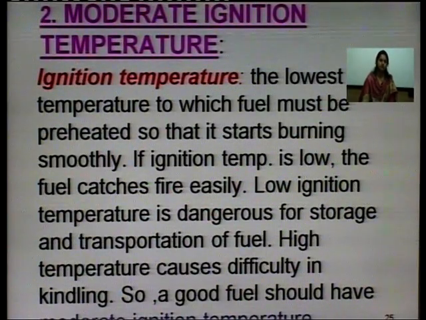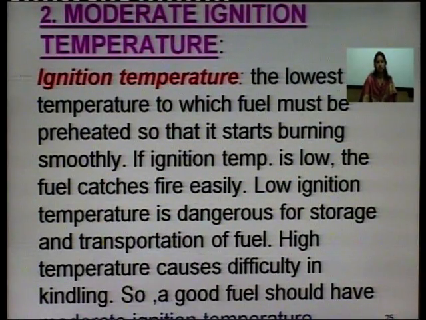Now, I am going to discuss the second characteristic, that is ignition temperature. The second characteristic of a good fuel is that it should have moderate ignition temperature. What is ignition temperature? The lowest temperature to which a fuel must be preheated so that it starts burning smoothly.